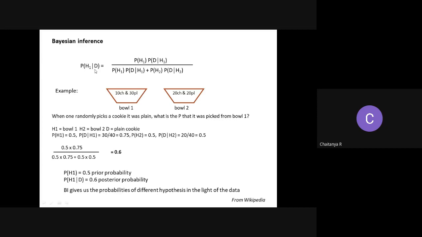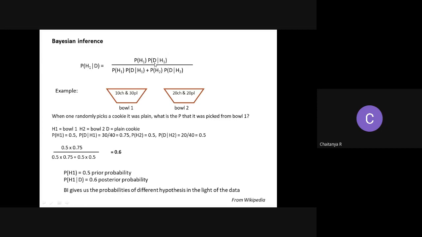So in the numerator, you have the probability of hypothesis 1 multiplied by the probability of data given the hypothesis, right? Can anyone unmute and tell me what the probability of data given the hypothesis is in English? It is the likelihood. So in the numerator, you're basically dealing with the probability of hypothesis 1 multiplied by the likelihood of hypothesis 1.